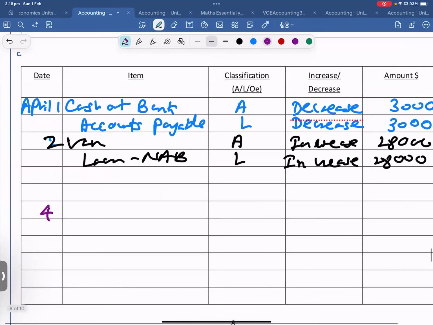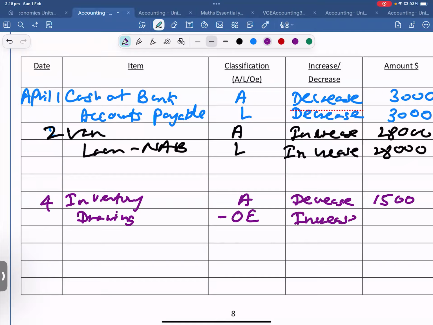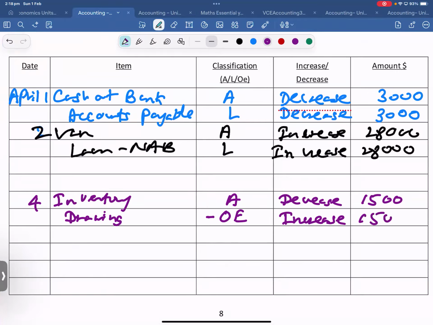You'll say inventory, asset, decrease 1,500. Next item is drawings. This is how you would write, minus OE, negative owner's equity. But drawings as an item is increasing. So even though it increases, its impact is negative, so owner's equity will be negative 1,500. This is how you would write.